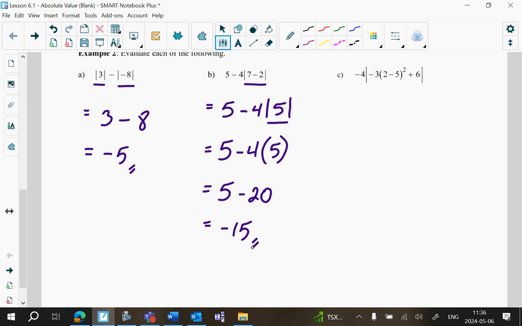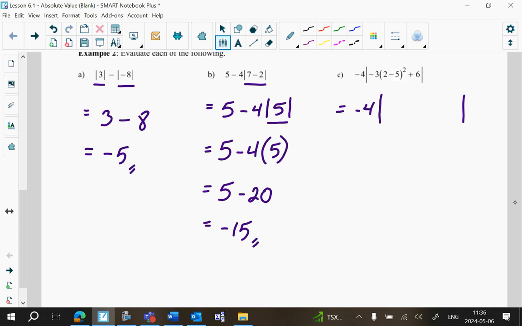Okay, this one we got a whole bunch of stuff going on. So we've got absolute value bars, but then we've got stuff going on inside the absolute value bars. Well, the very last thing I'm going to do is times negative 4, because that's on the outside. And on the inside, I'm not even going to take the absolute value until I get an answer to all of this first.